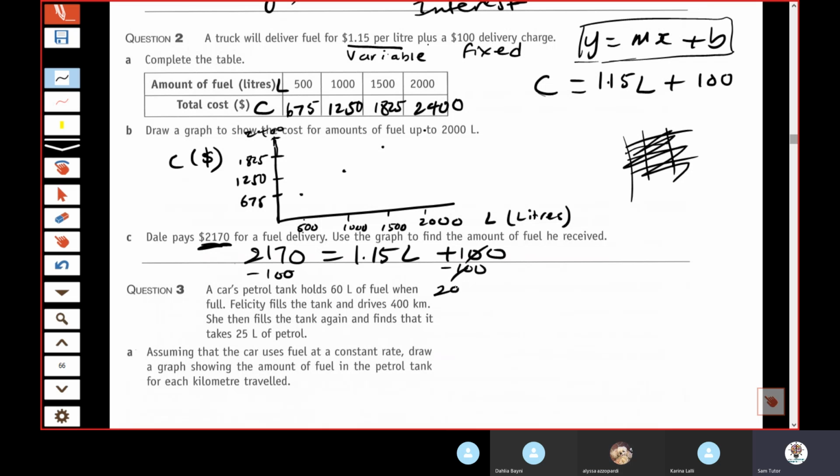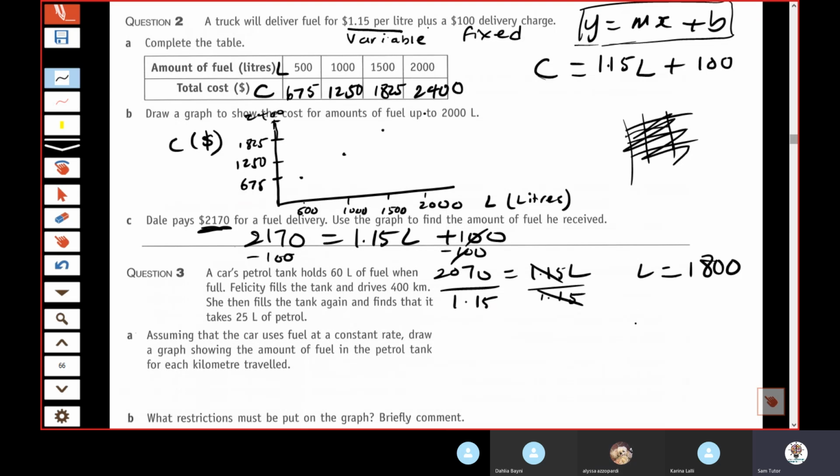That becomes 2070, and then of course divide by 1.15. I think you guys can see why I emphasized algebra so much last term, because it's in every single topic. 1,800 liters is your answer. The amount of fuel he received would have been 1,800. Any questions about that one?